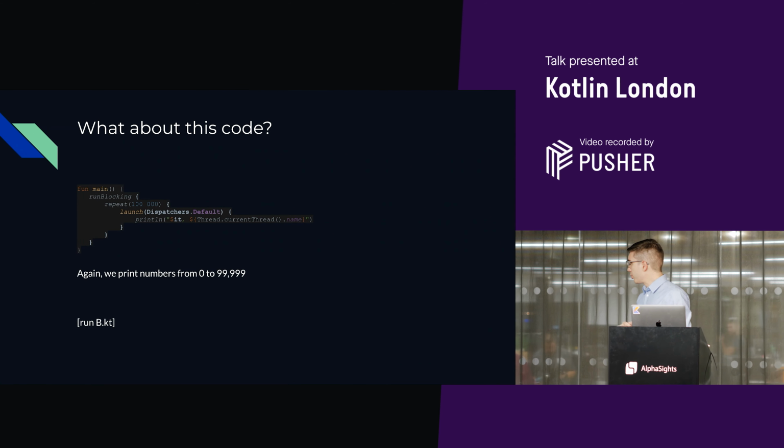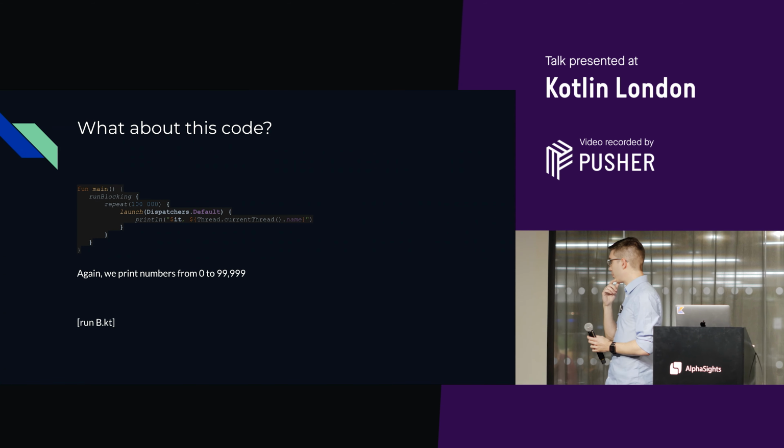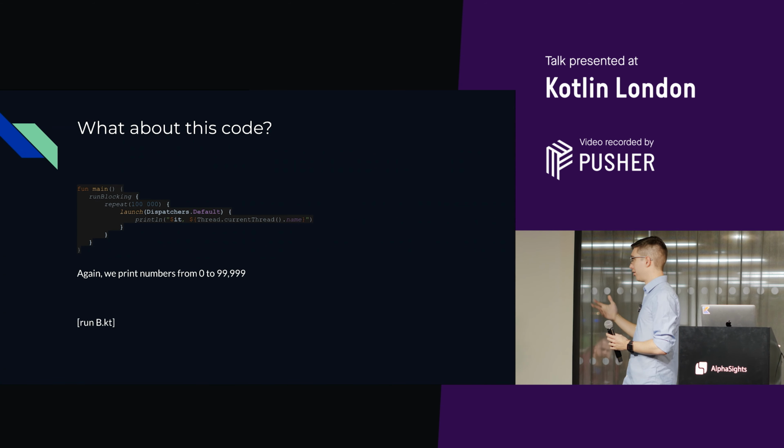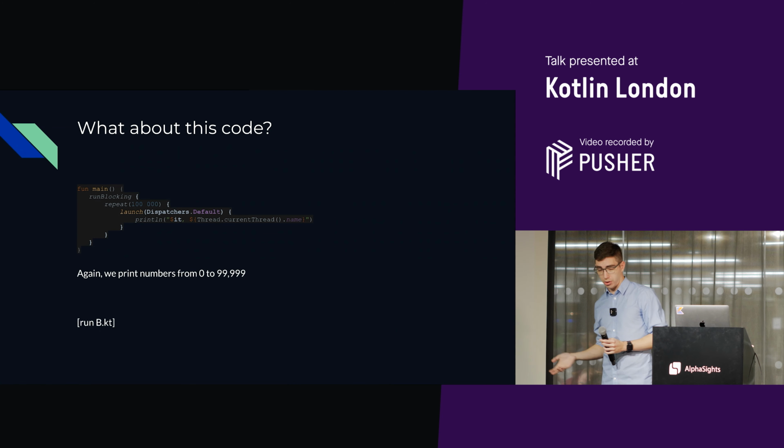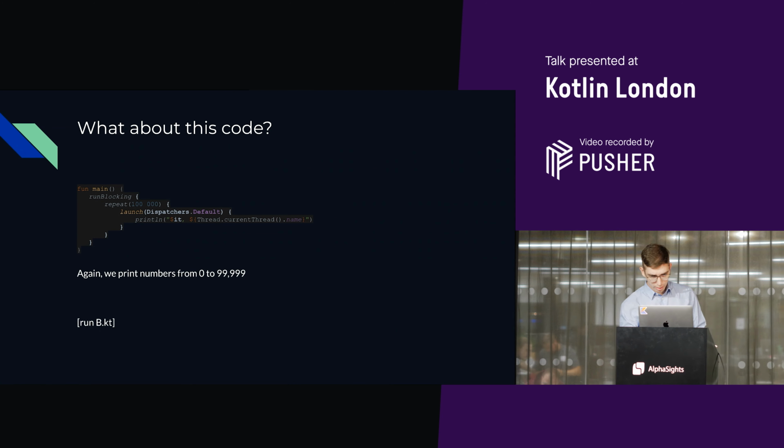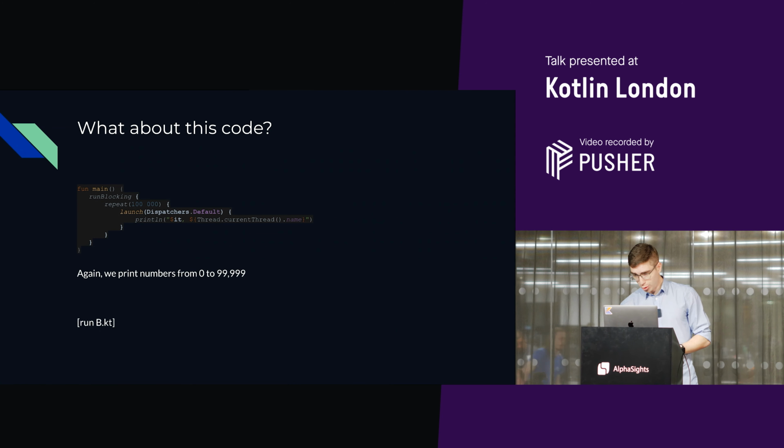What about this code? I'm not sure how well you can see it, but it's exactly the same code where I changed only one line, which now says that my launch will use Dispatchers.Default. Is it the same design pattern or not?